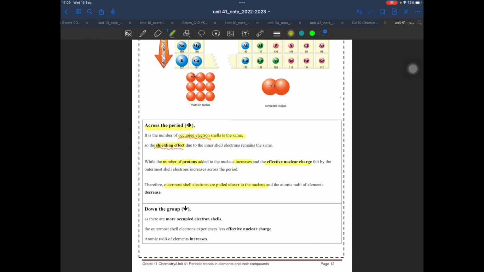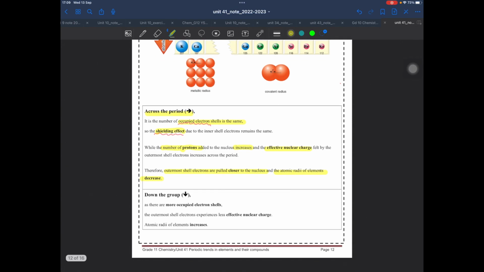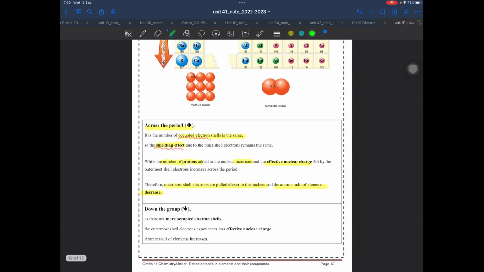The outermost shell will be pulled closer to the nucleus and hence decrease the atomic radius. Next one, what about down the group? Down the group, there are more occupied electron shells, but actually the effective nuclear charge will decrease.